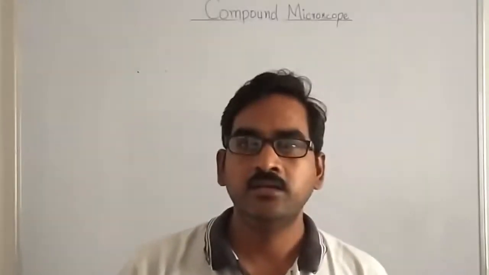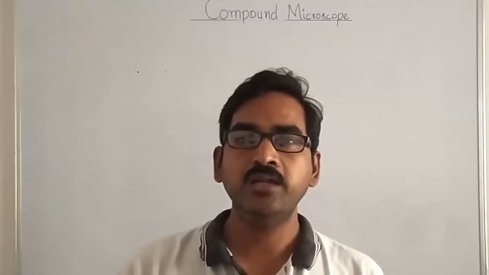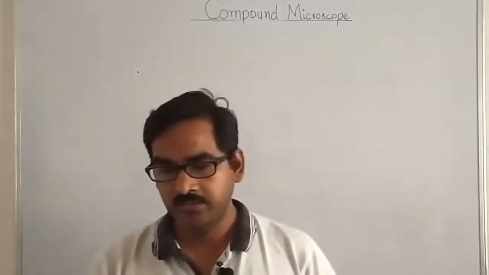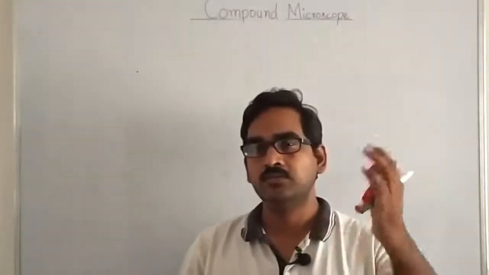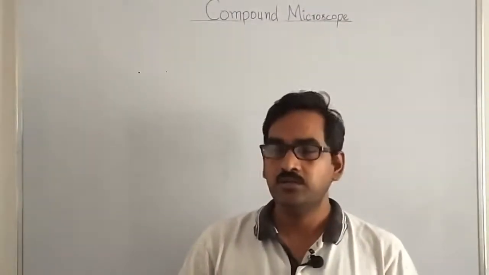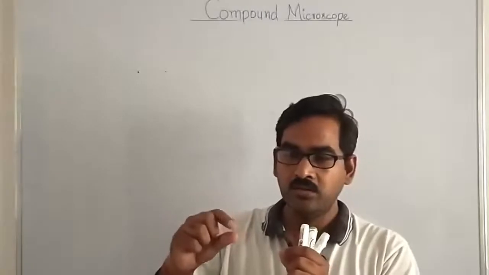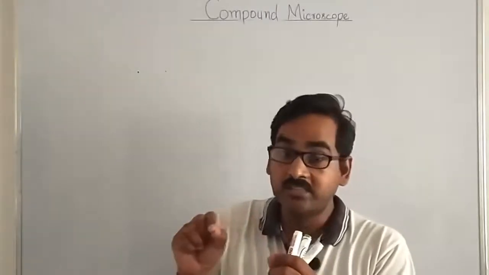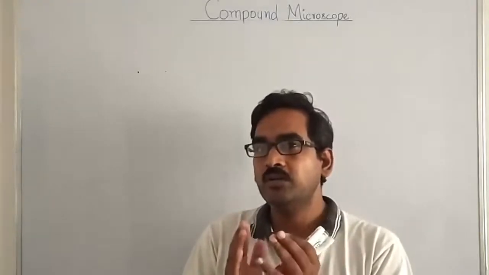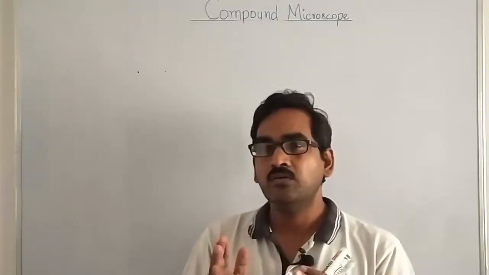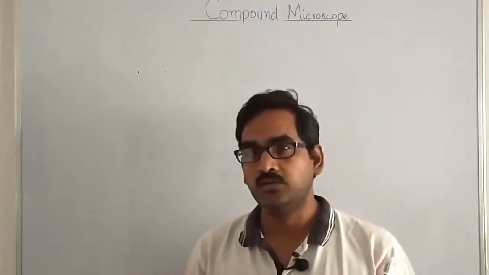Carl Zeiss and Abbe, Ernst Abbe. Most of the cameras that you are using, if you read there, you will find Carl Zeiss lens, because they were the first who worked on making good lenses for the microscope.